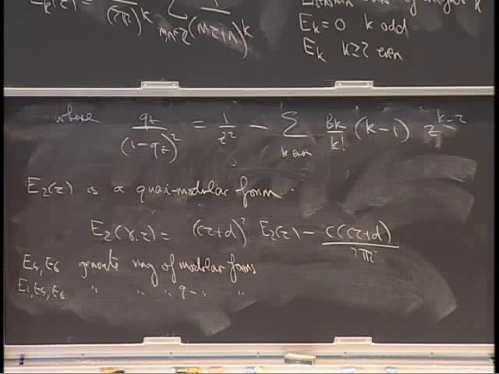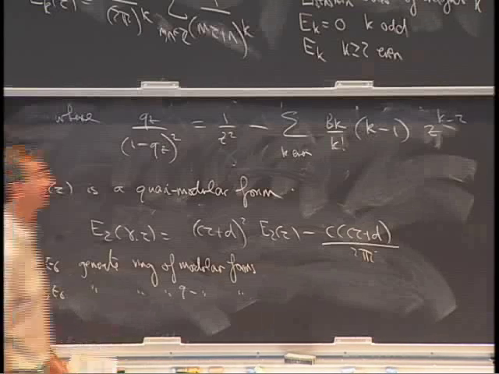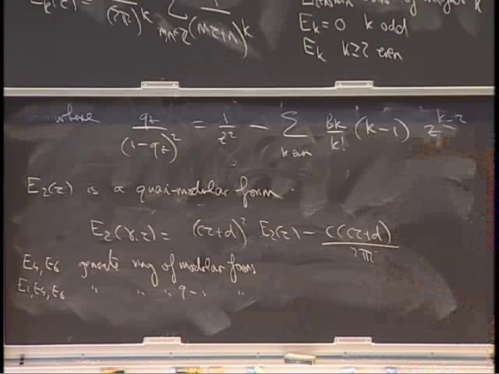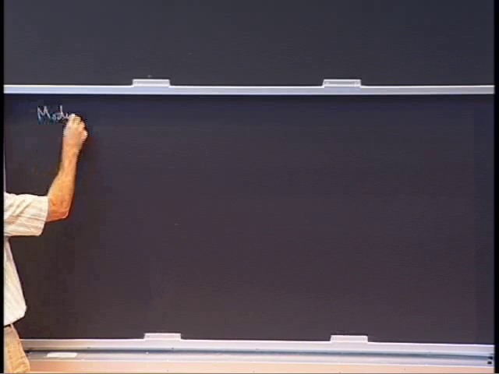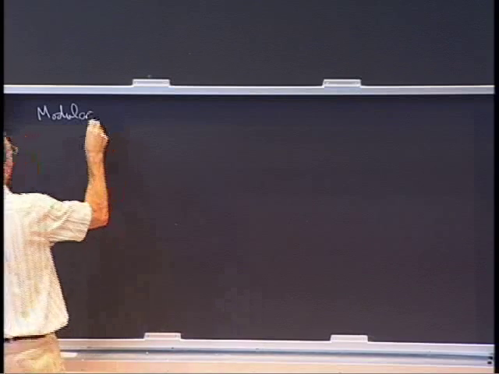E2 plays a role in defining a sort of covariant derivative. There's a notion of covariant derivative where you can differentiate modular forms and get more modular forms. I'd like to mention that because it's going to appear later on. I think I call it the modular derivative here, an application of E2.